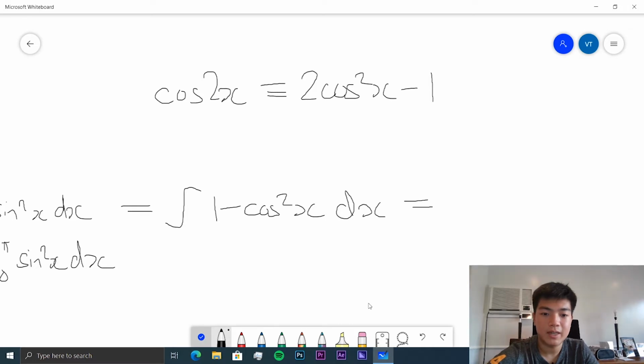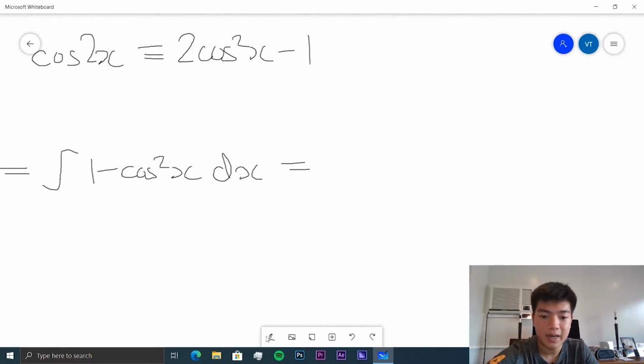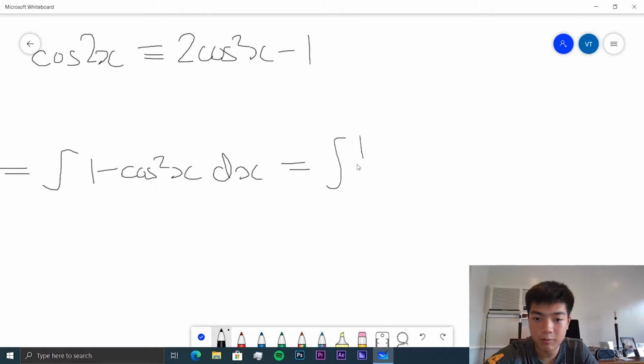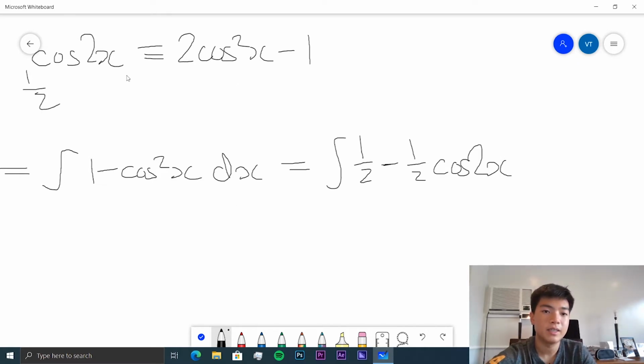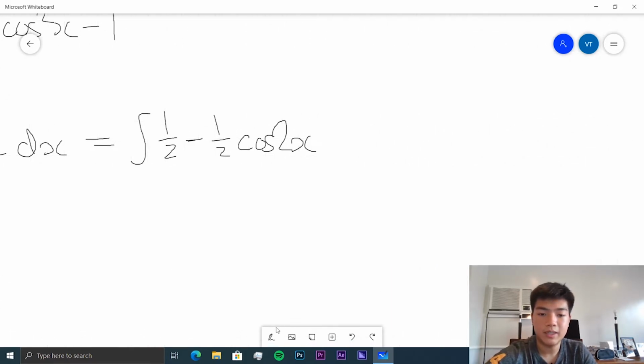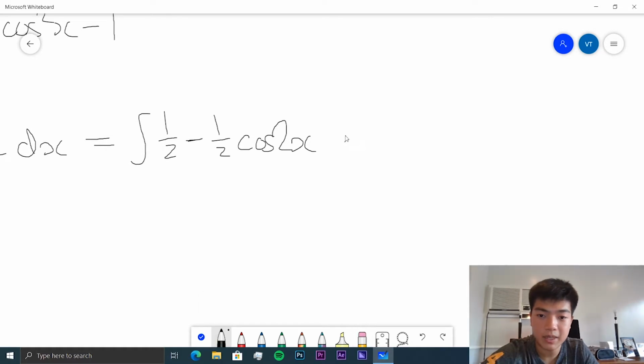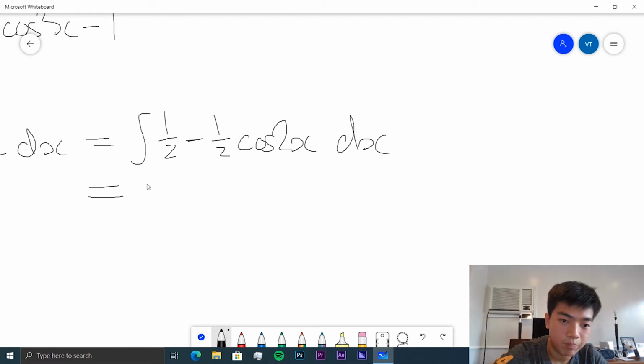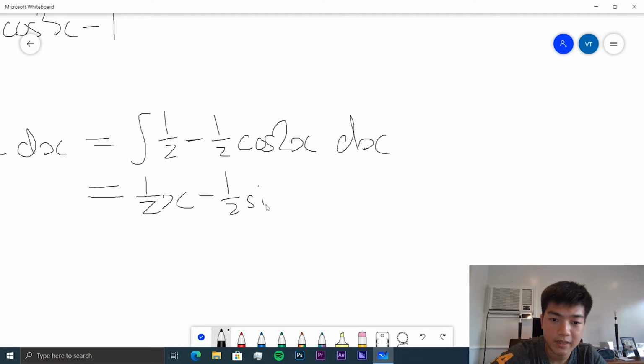So if we substitute that in here, we get the integral of 1/2 minus 1/2 cosine 2x dx, and then we can simply integrate it, which evaluates to 1/2 x minus 1/2 sine 2x plus c.